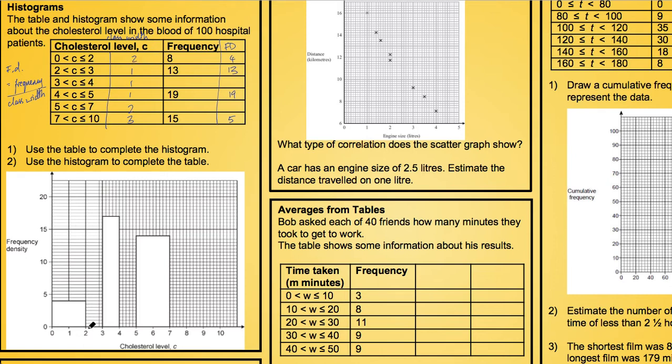Second bar I need to add in has a width of 1 and a height of 13 from frequency density. So 10, 11, 12, 13 is in there. Then height of 19 and a width of 1 for this bar. So 15, 16, 17, 18, 19 in here.